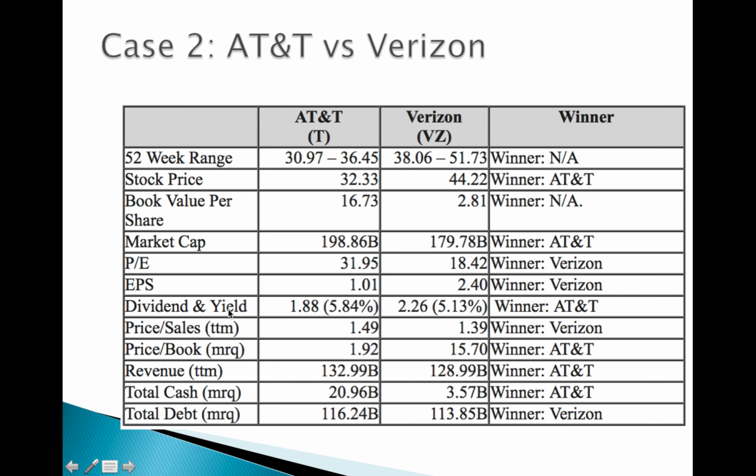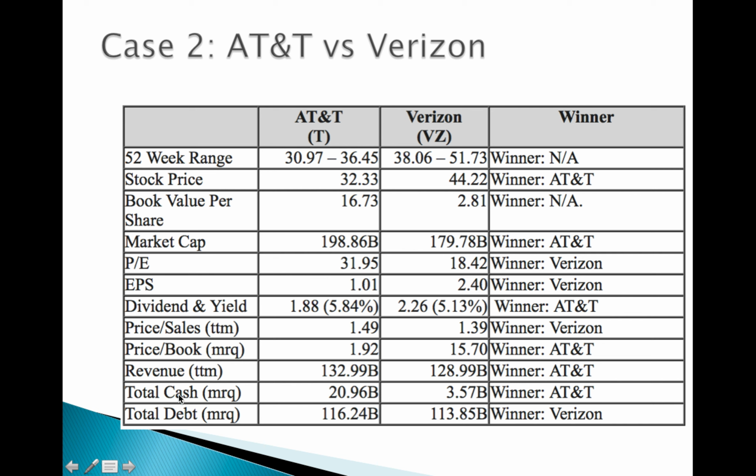Dividend and yield, higher the better. So AT&T provides 5.84%, so winner is AT&T. Price to sales ratio and price to book ratio, lower the better. So when it comes to price to sales, winner is Verizon, and price to book, winner is AT&T. Revenue, higher the better. Winner is AT&T.